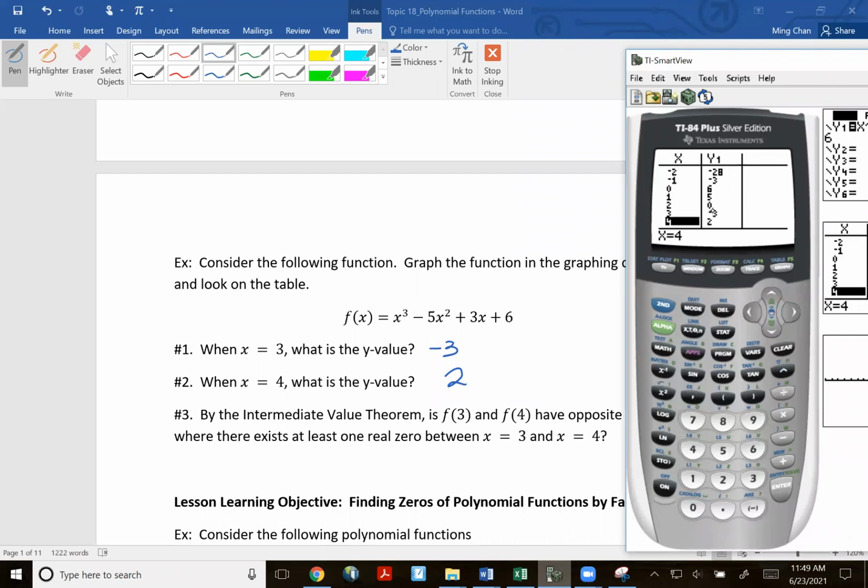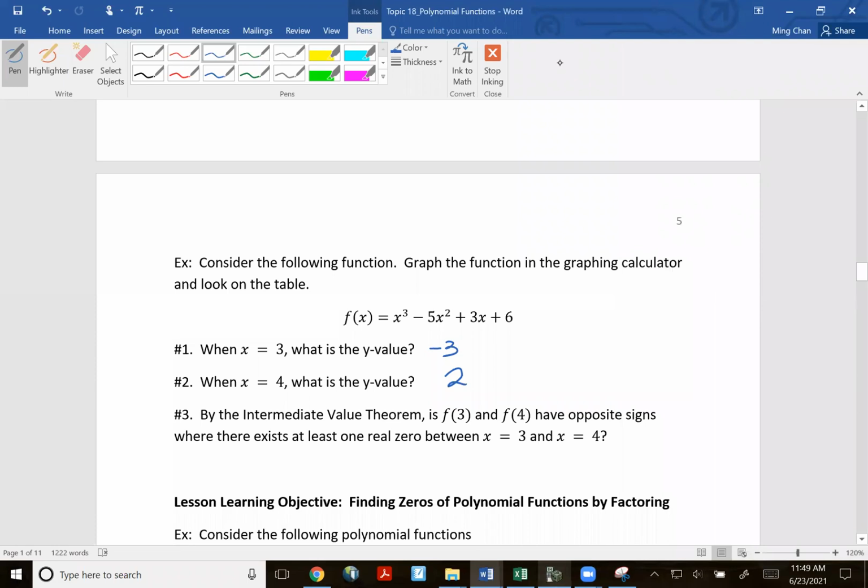When the y value changes signs, that tells me there's got to be an x value, a 0, between 3 and 4. I just don't know what they are yet. There's a 0 here and a 0 there. The only thing I know is they are not integers. So we will have to learn other things to actually figure it out.